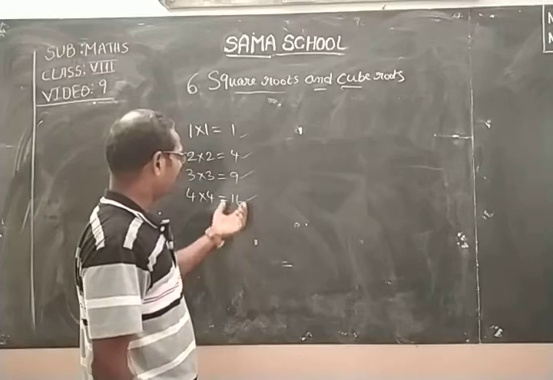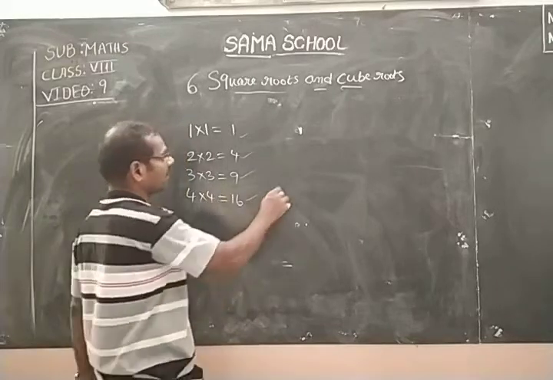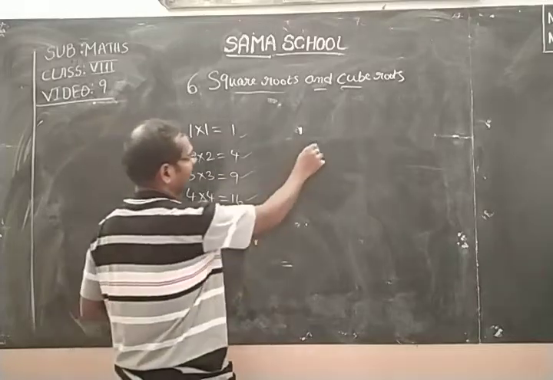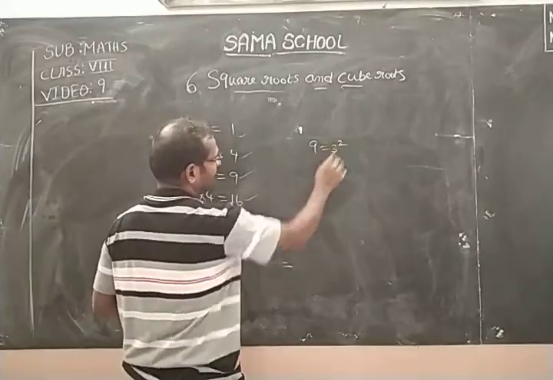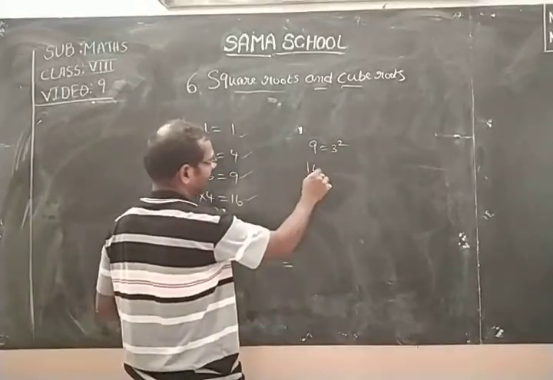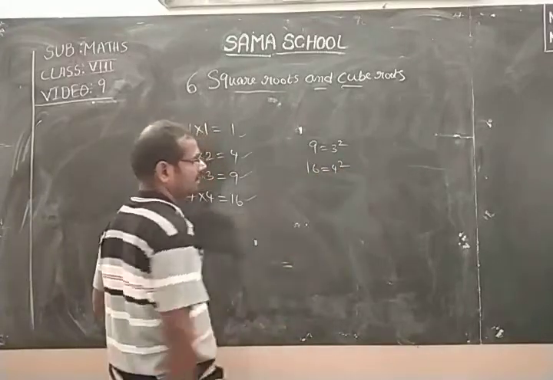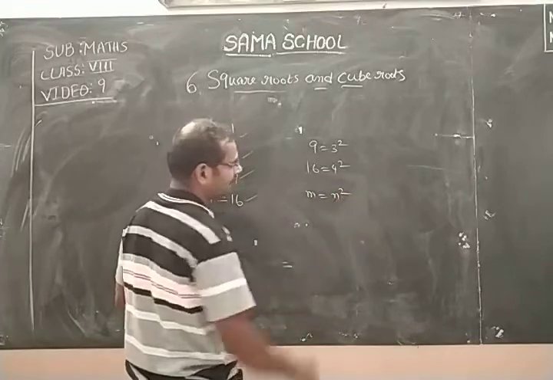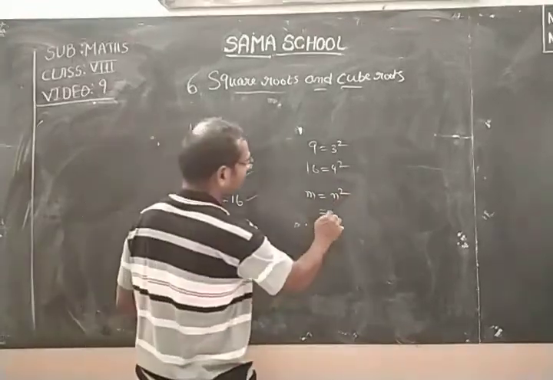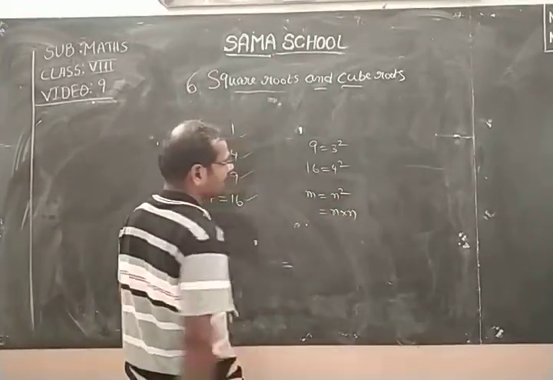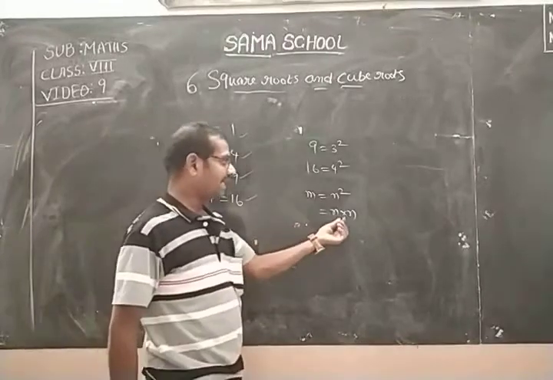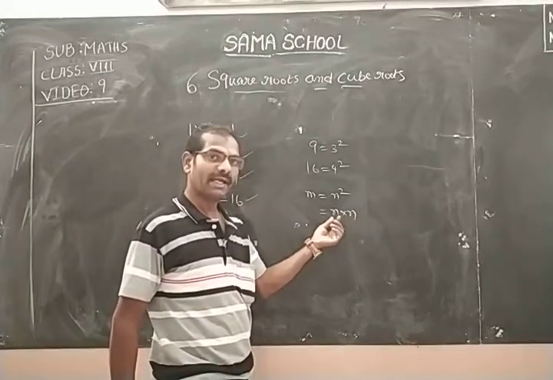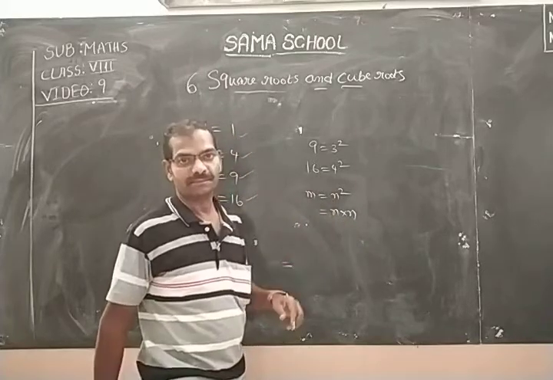Here, suppose 9 is a perfect square number, 9 can be written as 3 square. Like that, 16 can be written as 4 square. Suppose m can be written as n square, n square means n into n. Here, if this n is an integer, then it is a perfect square.